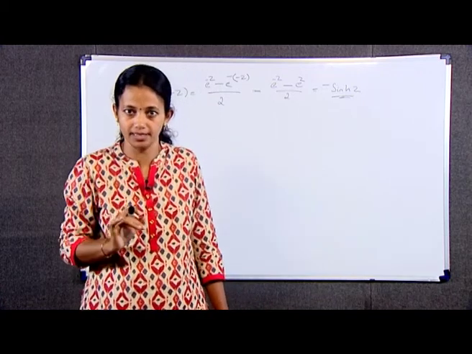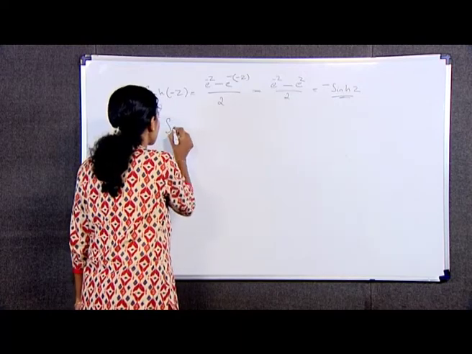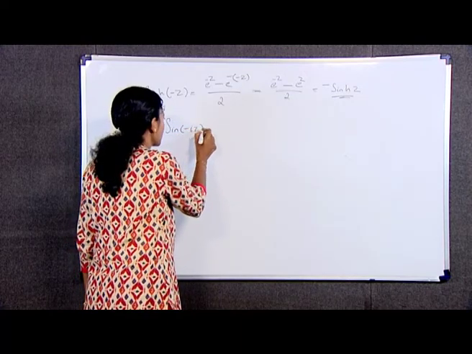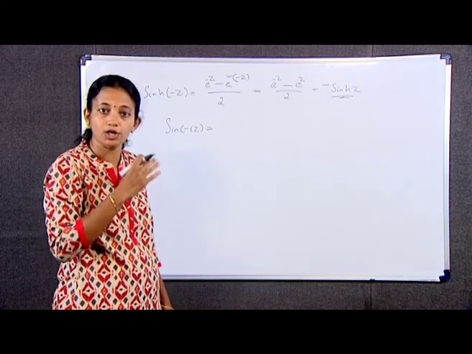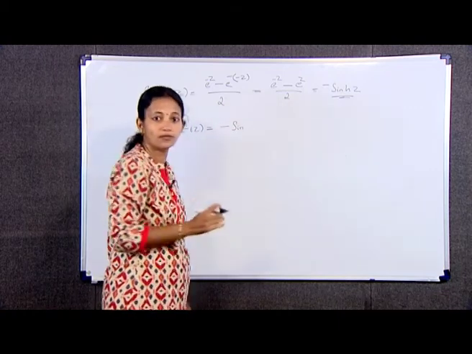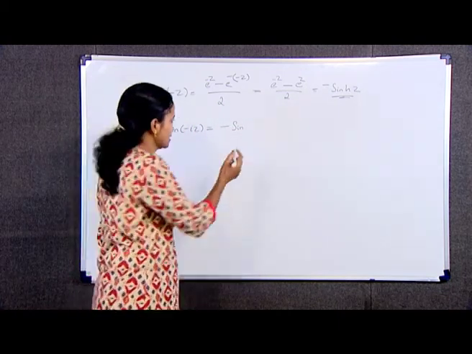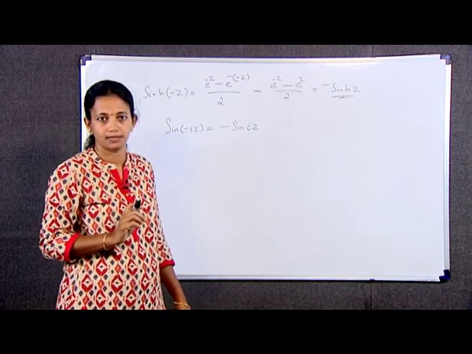Replacing z by iz, we get sine of minus iz is equal to minus sine iz.